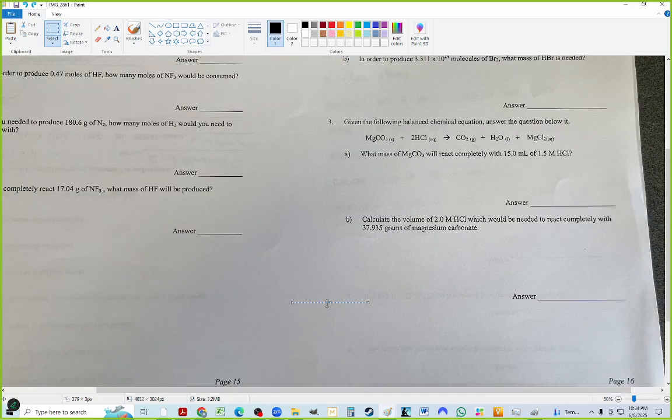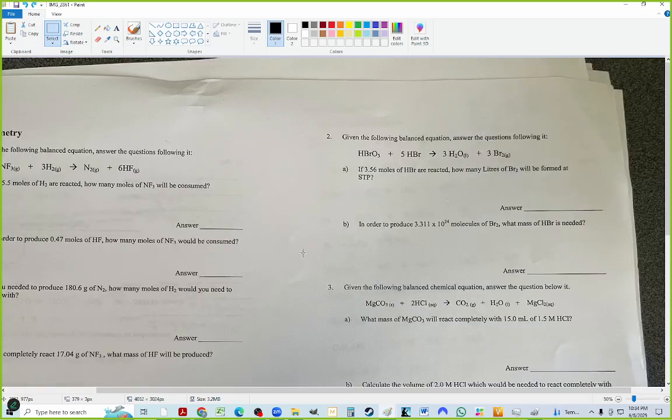They want to know how many moles of HBr react to make, no. If we have 3.56 moles of HBr, how many liters of Br2 will be formed? No, we already did that one. Oh, shoot, sorry. Here: in order to produce 3.311 times 10 to the 24 molecules of Br2, what mass of HBr is needed?